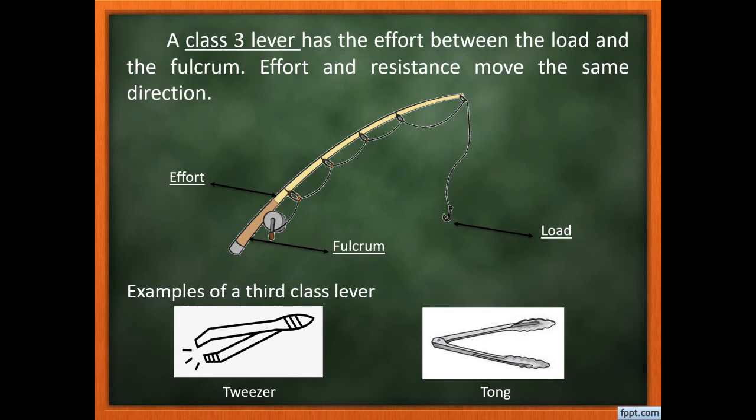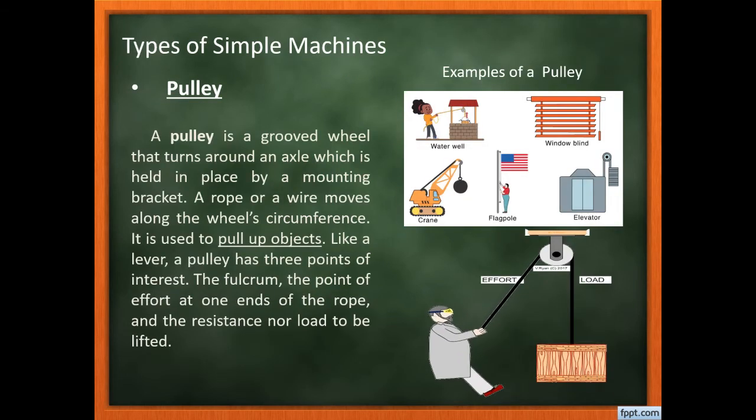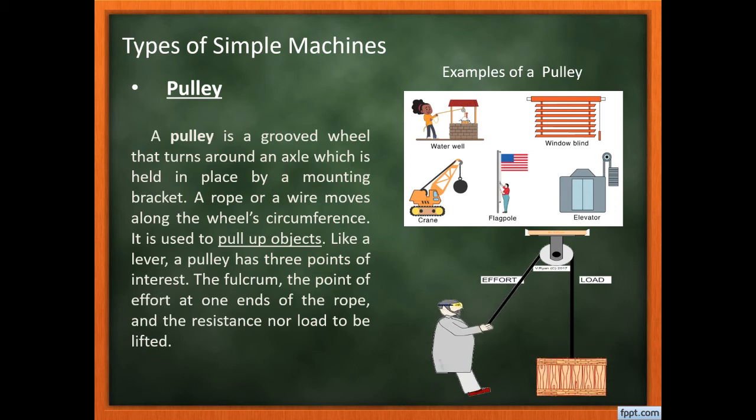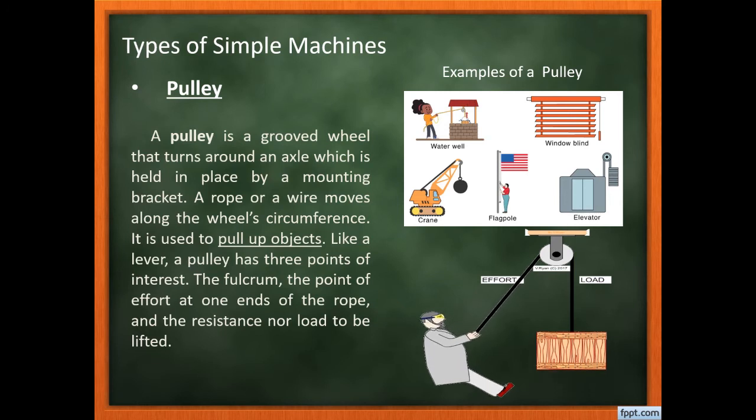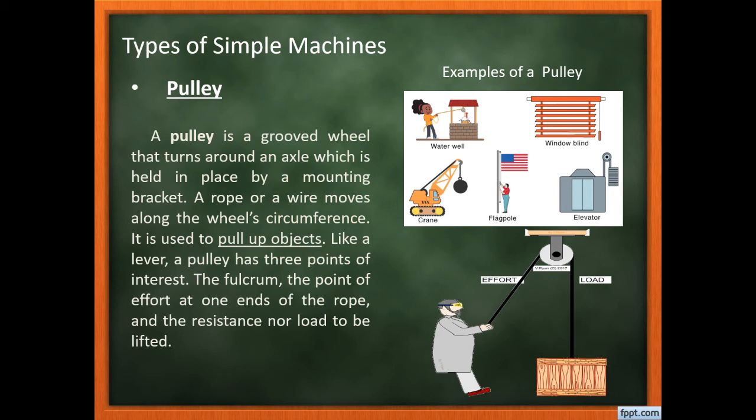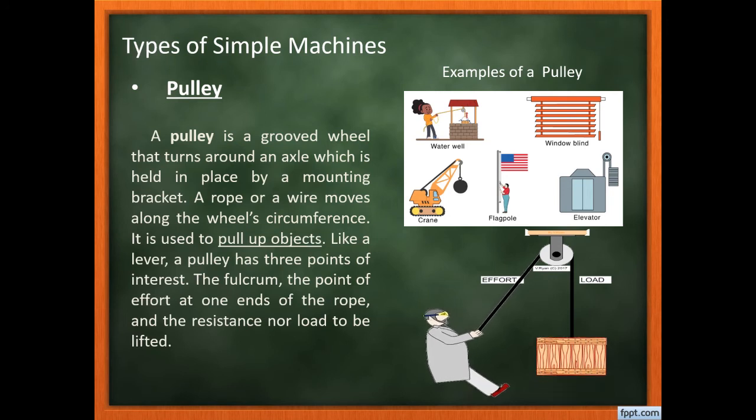For the next type of simple machine, we have the pulley. A pulley is a grooved wheel that turns around an axle, which is held in place by a mounting bracket. A rope or a wire moves along the wheel's circumference. It is used to pull up objects.